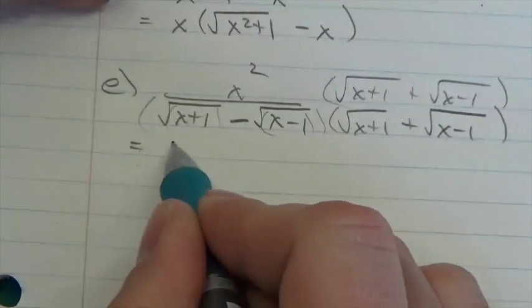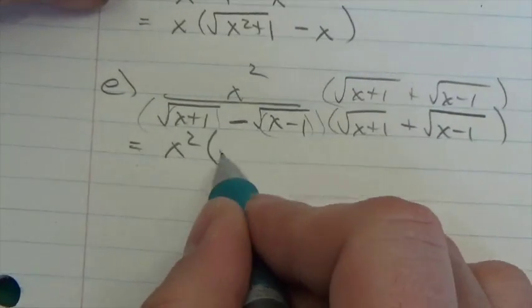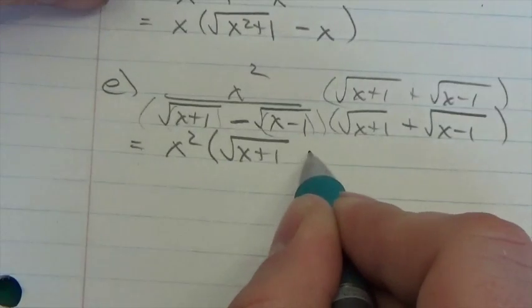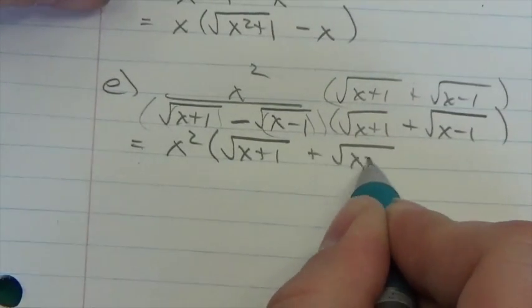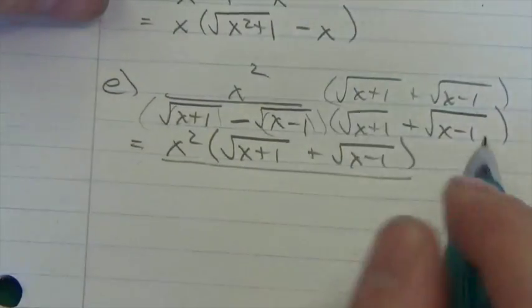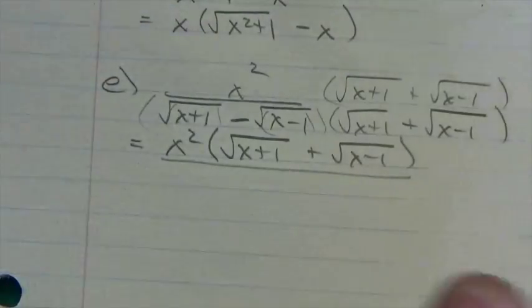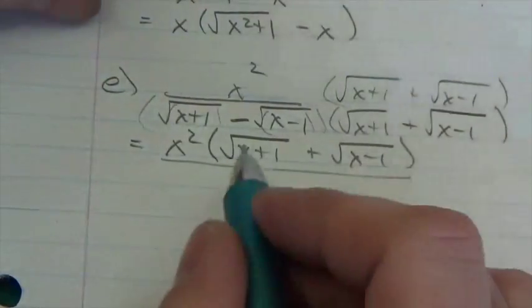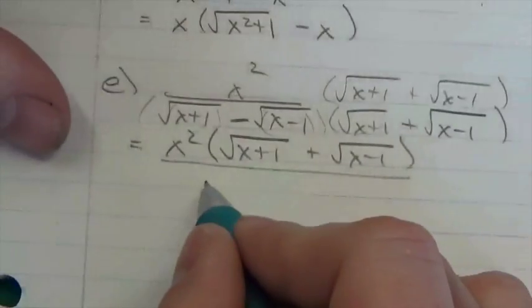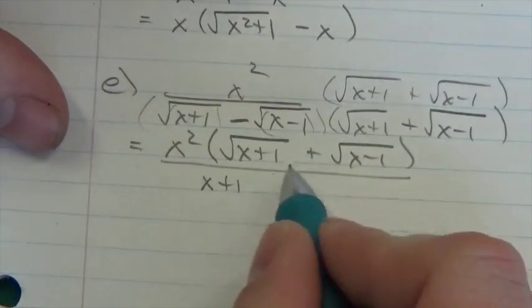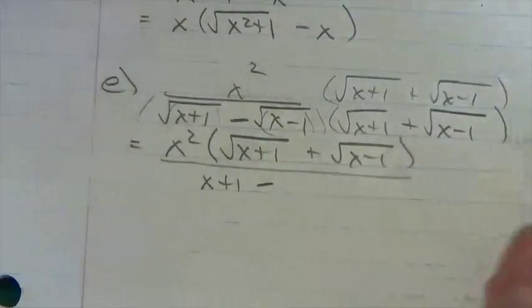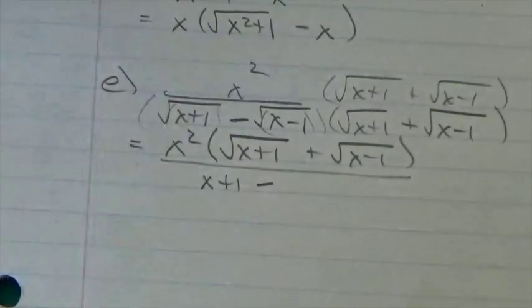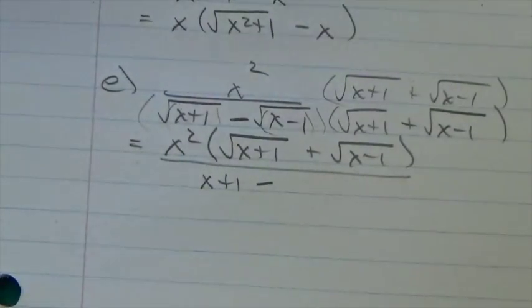All right, so now the numerator will become x squared multiplied by, and then brackets, root x plus 1 plus root x minus 1. Now the denominator is going to be the square of the first term minus the square of the second term, and the squares are going to remove the radicals. So it'll be x plus 1 minus, okay, now here's where I need to be really careful with this.